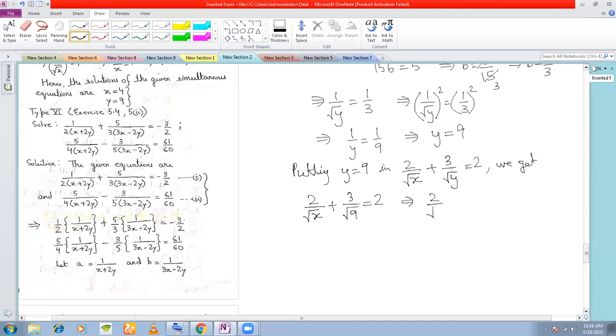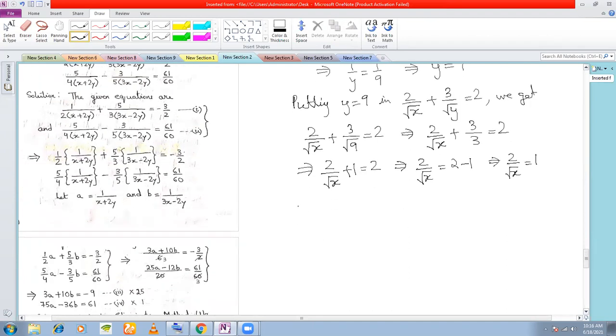3 by root 9 is 3 by 3. That means 2 by root x plus 1 is equal to 2. That means 2 by root x is equal to 2 minus 1. 2 by root x is equal to 1.